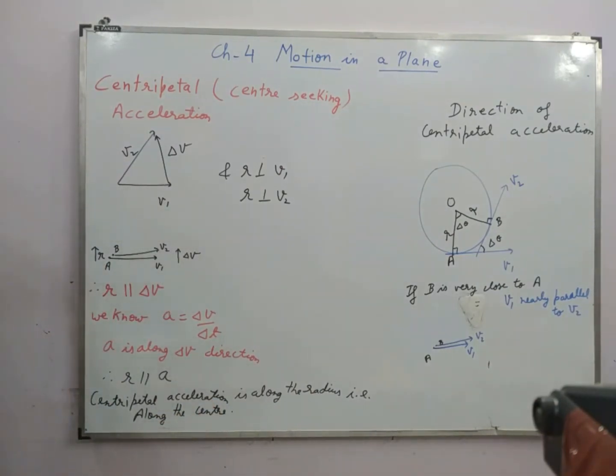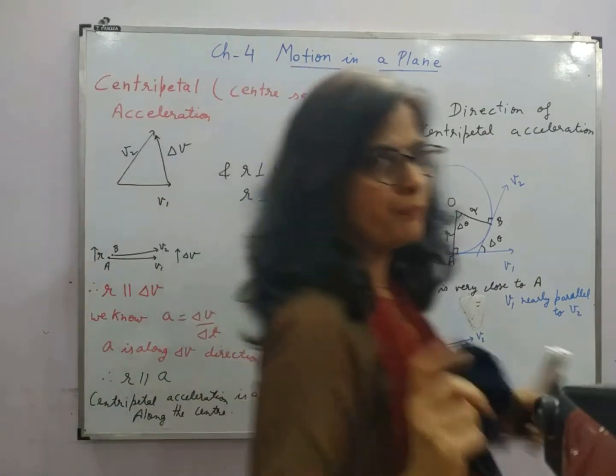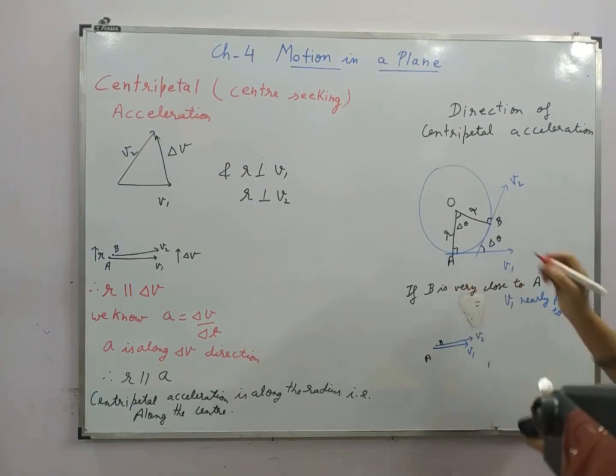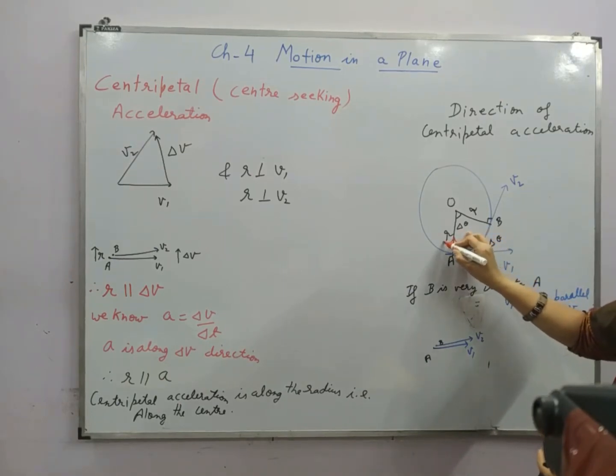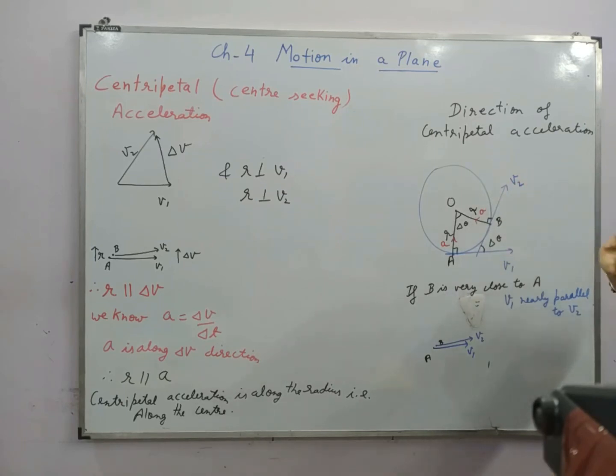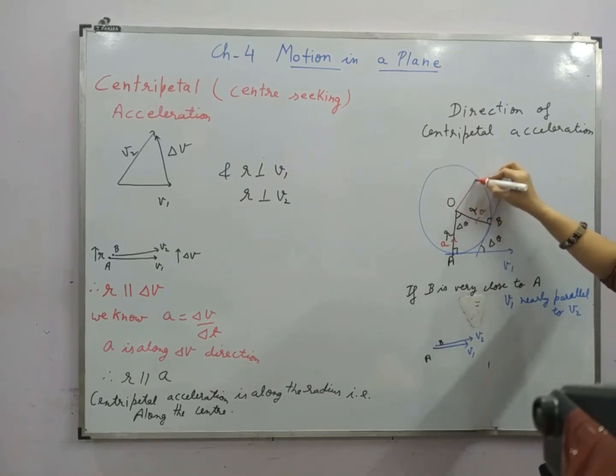That means at every point, I think I can rub that diagram now. That means at every point, the direction of the centripetal acceleration changes. That means here, this is the direction of centripetal acceleration, here the direction of centripetal acceleration is here, here the direction of centripetal acceleration is here.